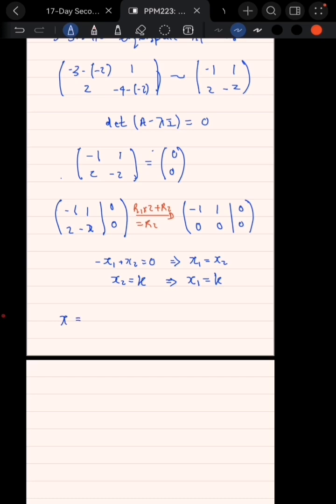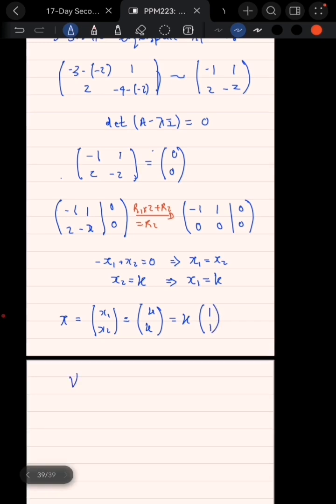Therefore, x will be equal to x1, x2, equal to k and k, and this will be k times 1 and 1. Therefore, our eigenvector associated with the eigenvalue minus 2 will be 1 and 1.